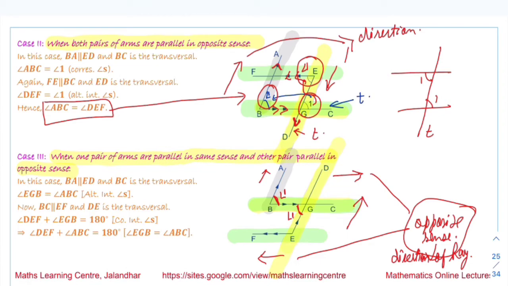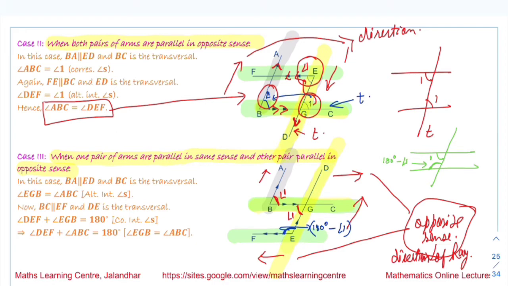Now if this is the transversal, we have two parallel lines and a transversal. This angle is equal to 1, then the value of this angle will be 180 degrees minus angle 1, because these are corresponding interior angles.